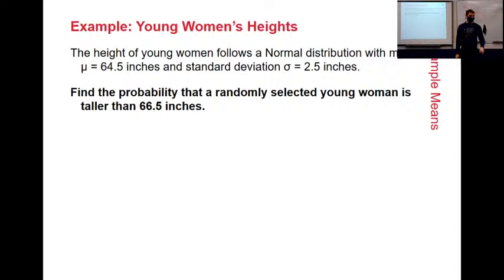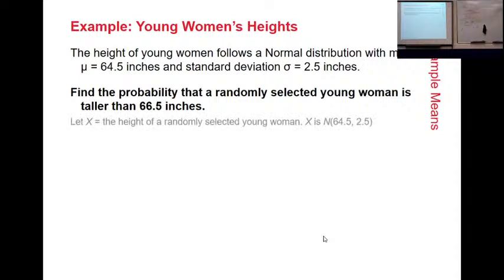And we have the mean and standard deviation in front of us. So let's do that. Normal with a mean of 64.5 and a standard deviation of 2.5. Here's your z-score, if you want to do it with z-scores.